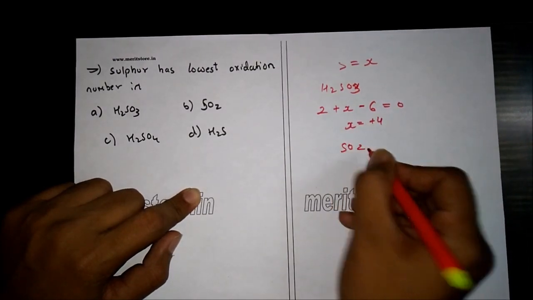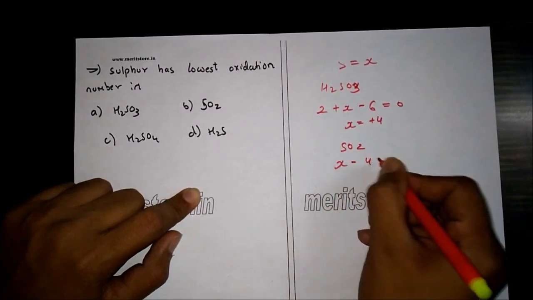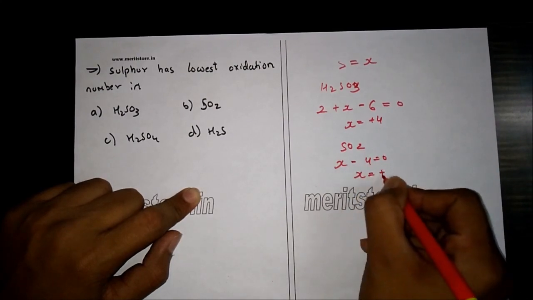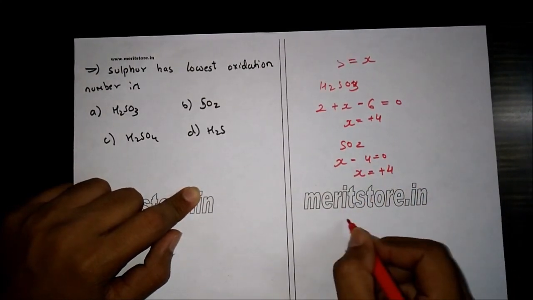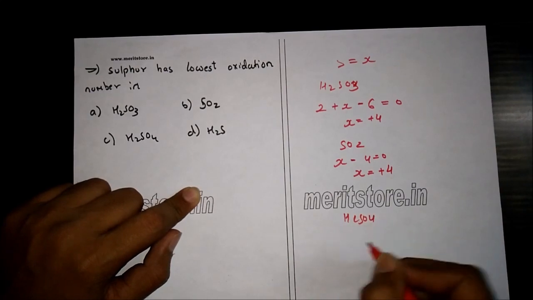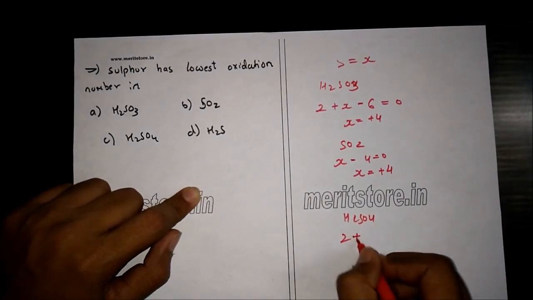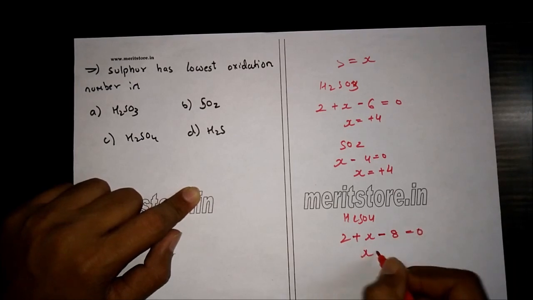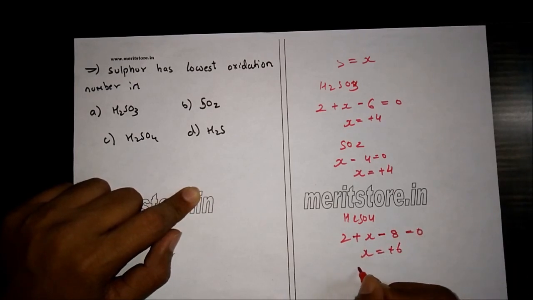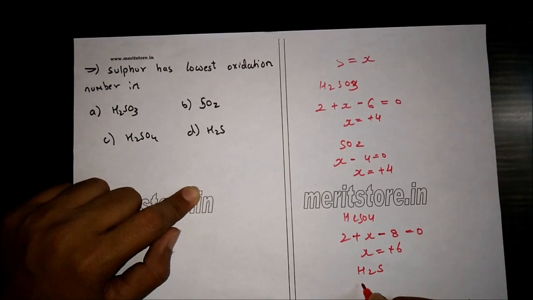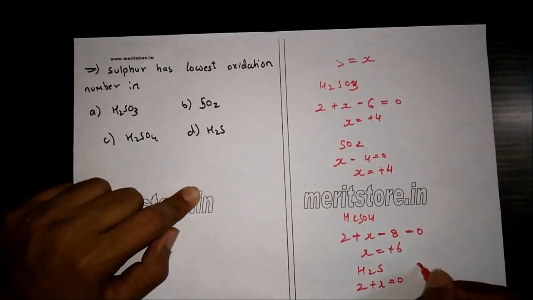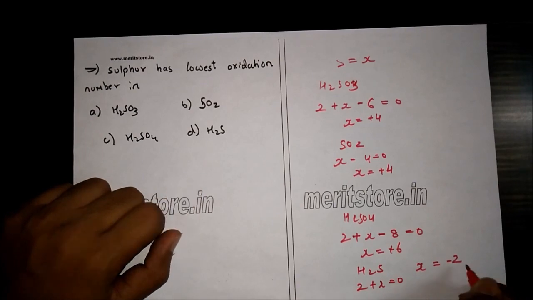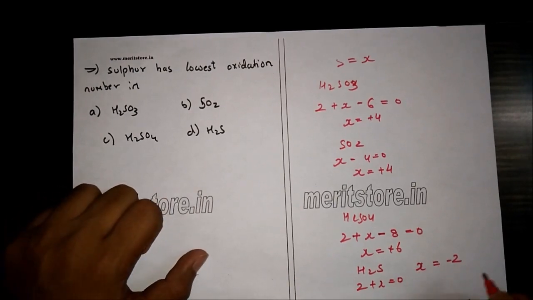Now in SO2, X minus 4 is equal to 0. Therefore X will be plus 4 again. Now in H2SO4, that is option C, 2 plus X minus 8 is equal to 0. Therefore X is equal to plus 6. And in H2S, 2 plus X is equal to 0, which gives X equal to minus 2. Therefore the lowest oxidation number will be in H2S, which is option D.